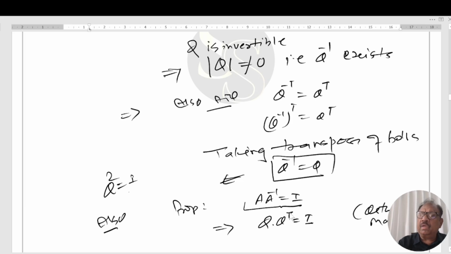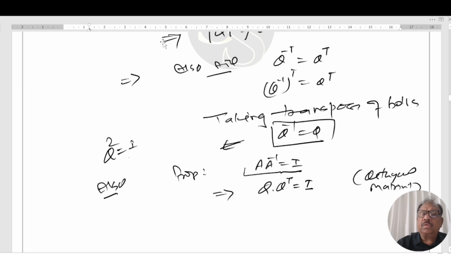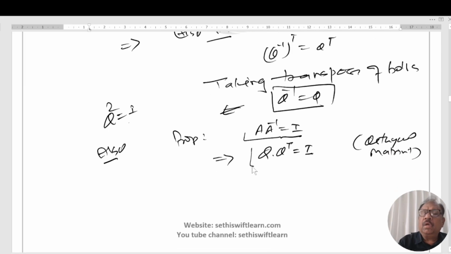Q^T equals Q inverse, which is also an orthogonal matrix. This is Q into Q transpose equals I.